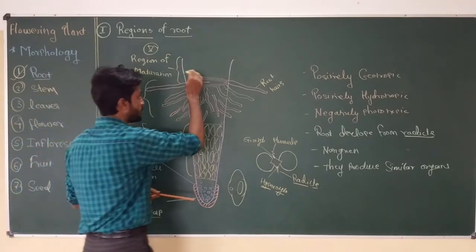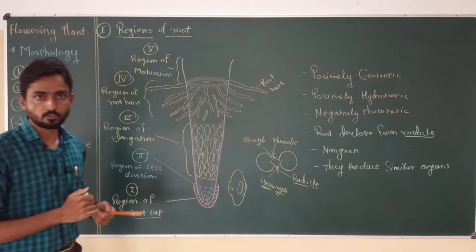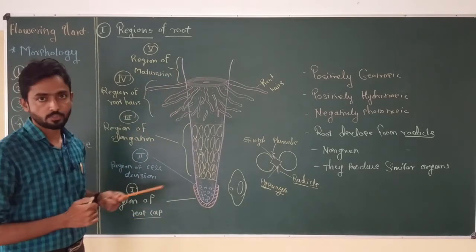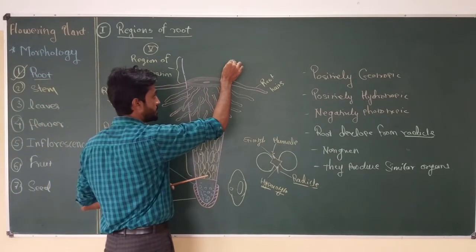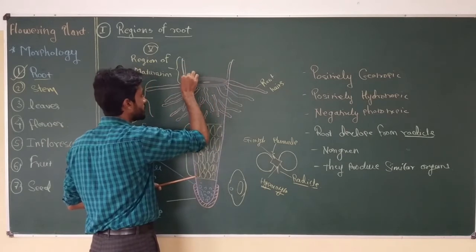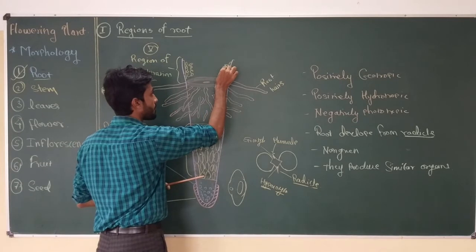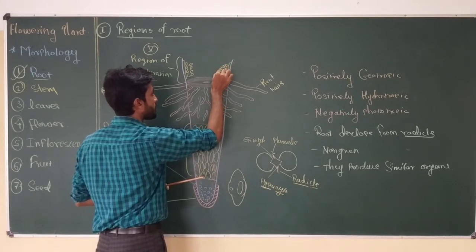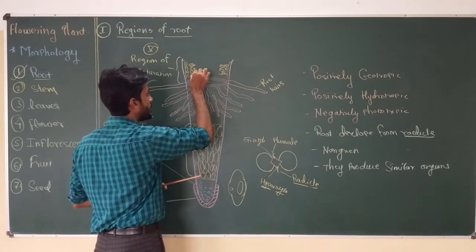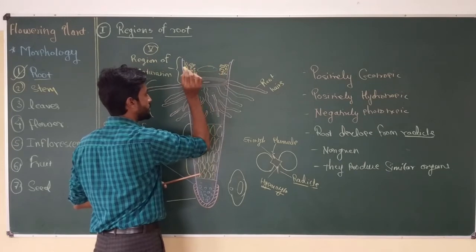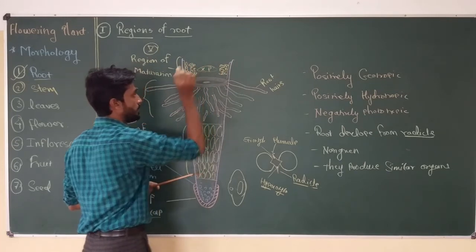Okay, so if we take a TS or transverse section of this region of maturation, you can easily see the epidermis, then the cortex, and you can also see the central portion which contains xylem and phloem.